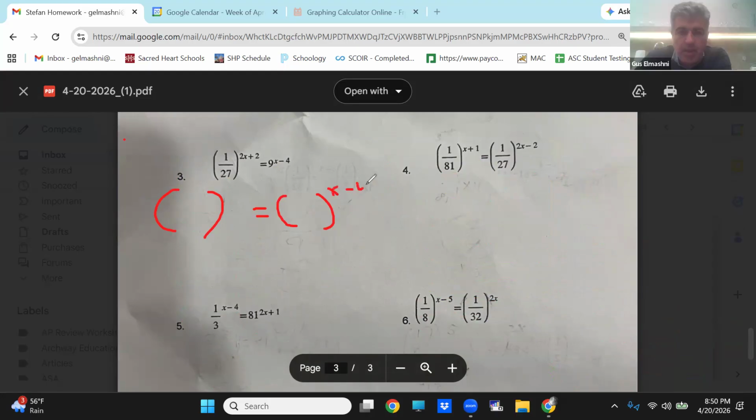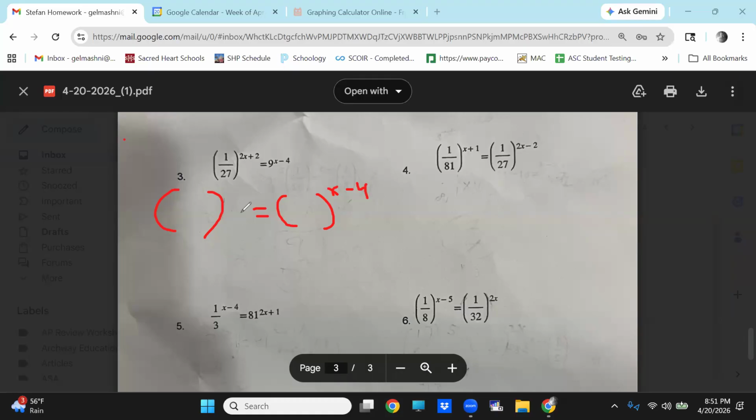We need to find a base that when you raise the base to a certain number, you get 9 and 1/27. What base can you use for 9?